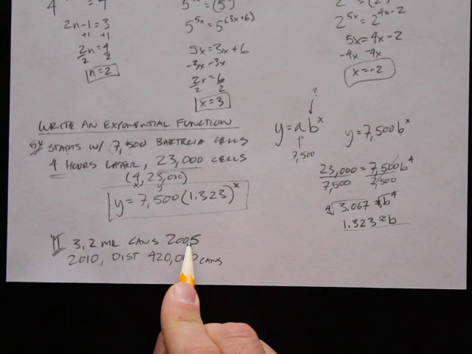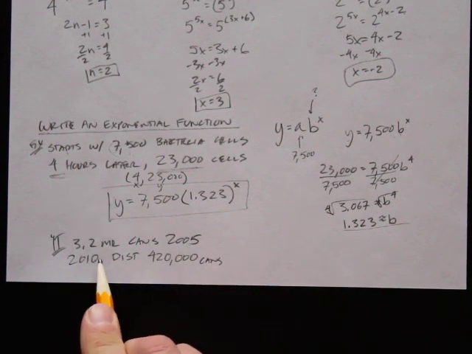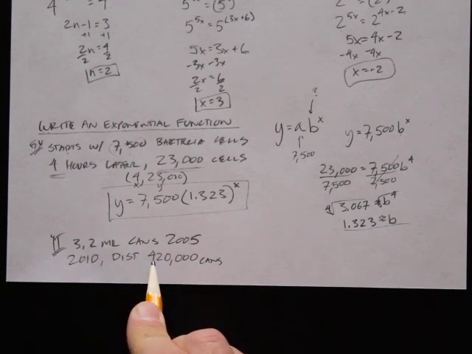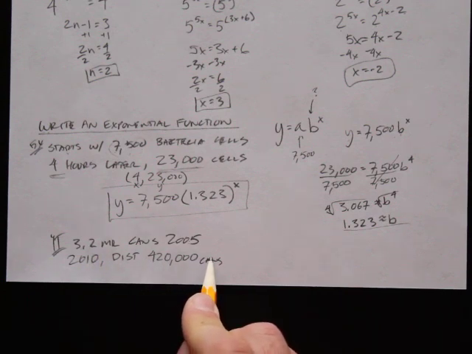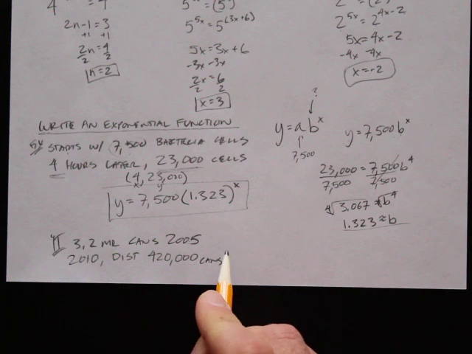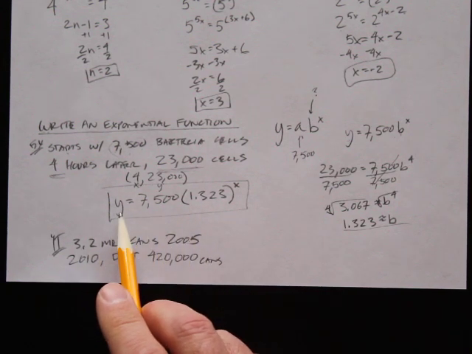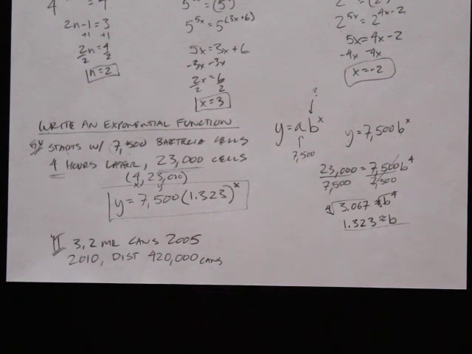All right, so in 5 years we have a big change from 3.2 million to 420,000 cans. So see if you can use this information to write an exponential function. All right, go.